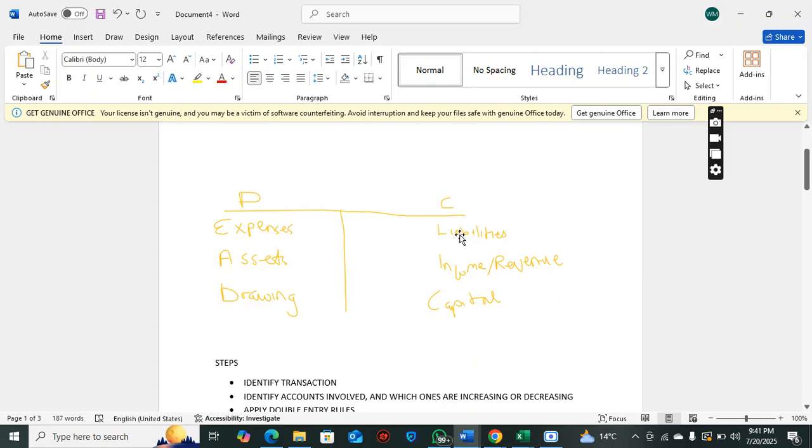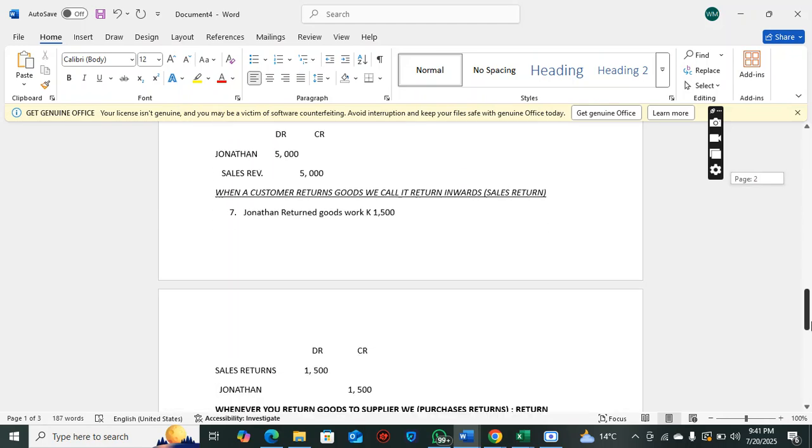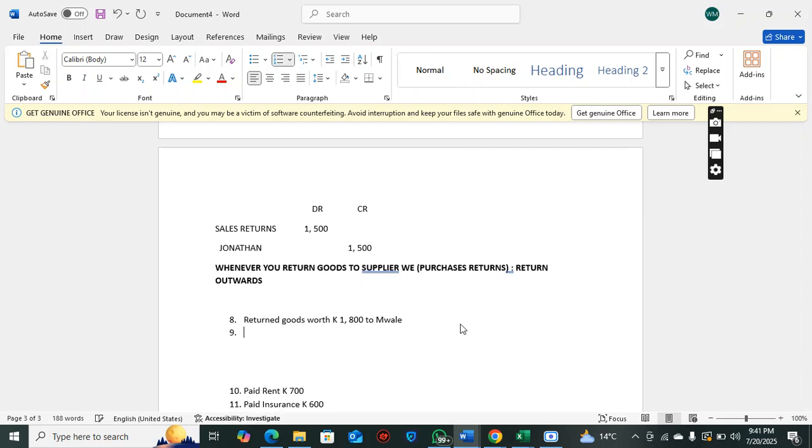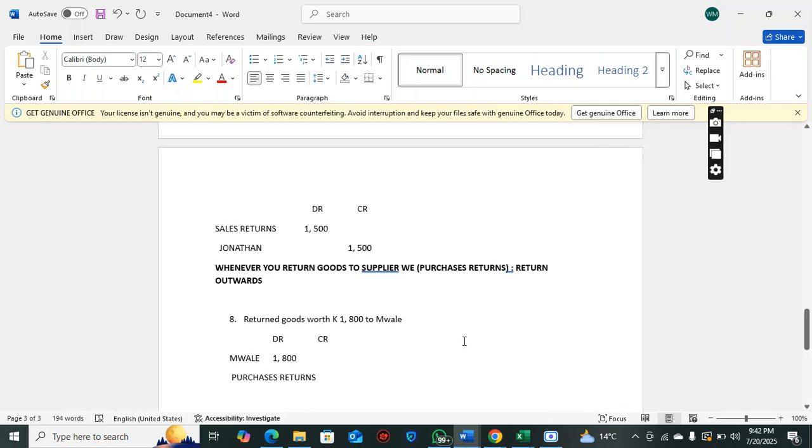So a way to reduce your expenses, you credit. All right. So we debit Mwale 1,800, reduction in the liability, and we credit return outwards or purchases returns 1,800.